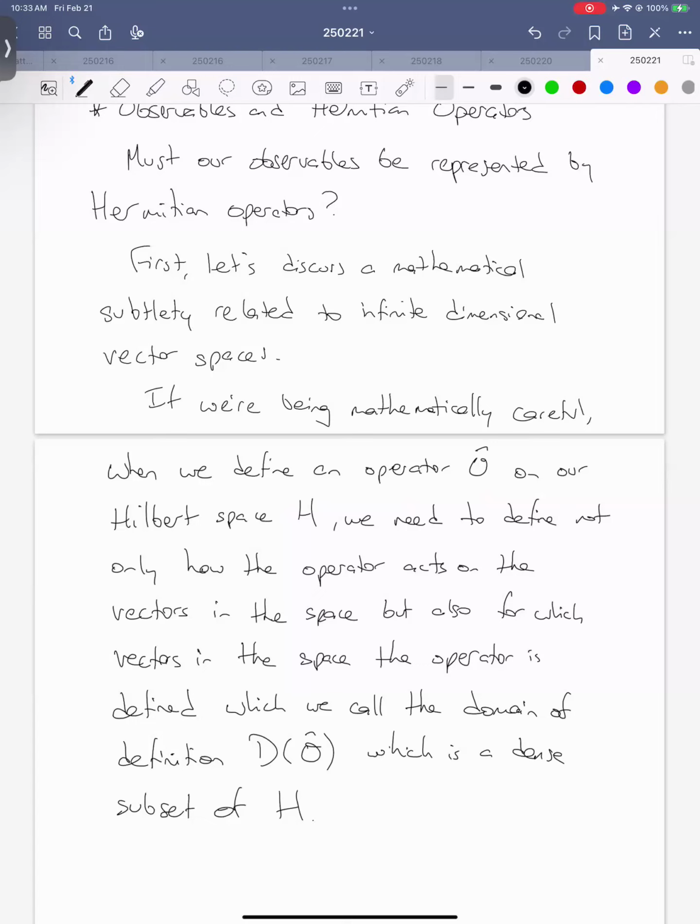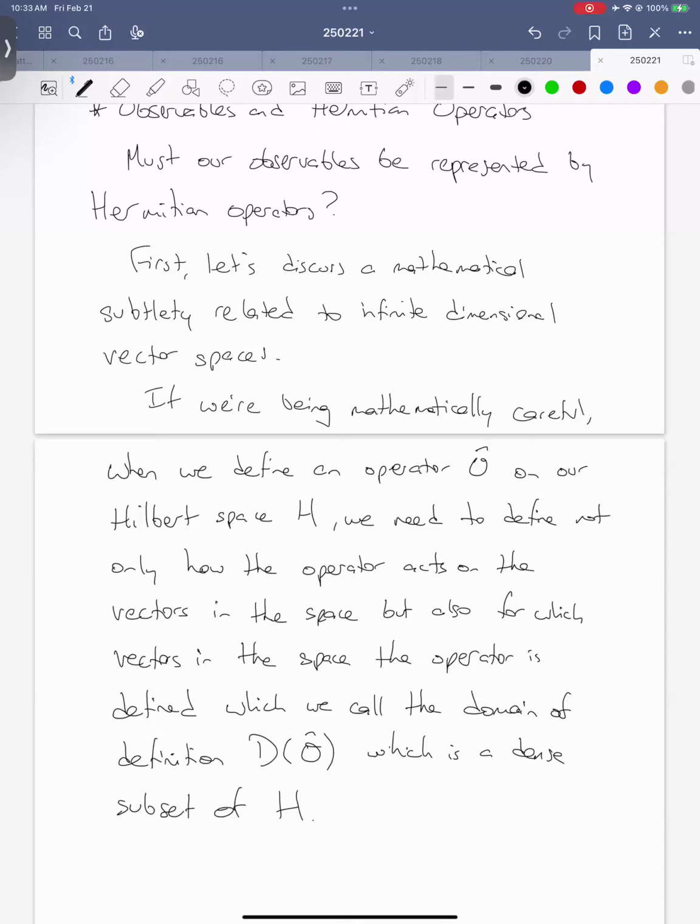In finite dimensional vector spaces, your operators are well-defined for all the vectors in the space. But when we go to infinite dimensional vector spaces, there are these subtleties, especially associated with the behavior of functions out at infinity. They fall off fast enough.